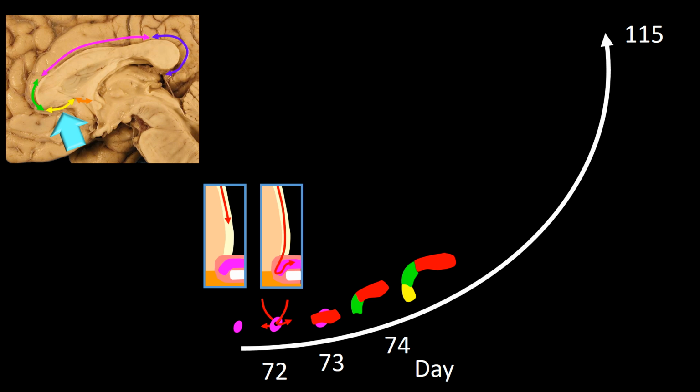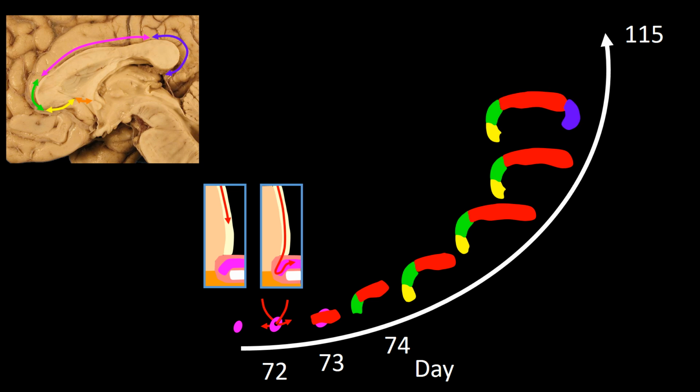Shortly after, those forming the lower part of the genu start crossing, and so do fibers from more posterior regions of the body. The backward growth of the body of the corpus callosum continues as the days and weeks go by. Now, close to 115 days, the splenium appears, as indicated by the arrow.